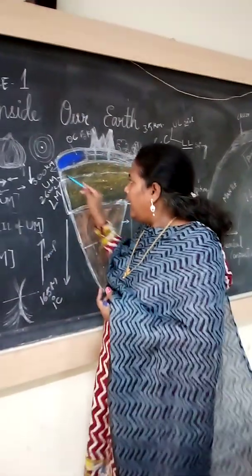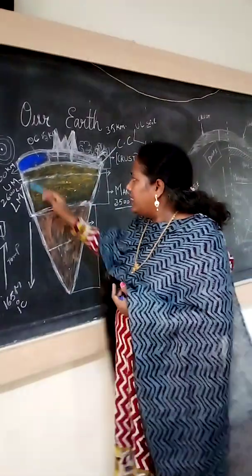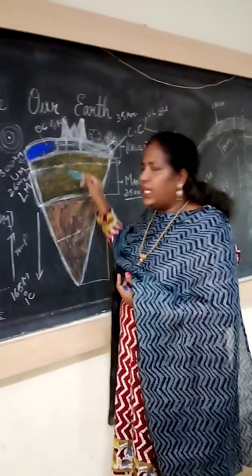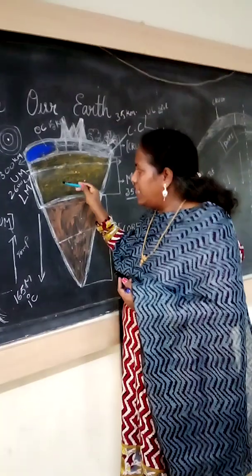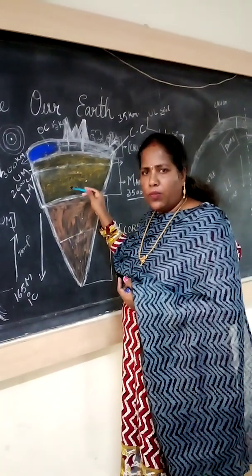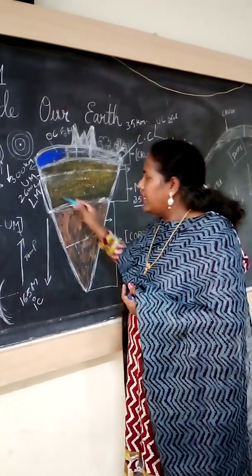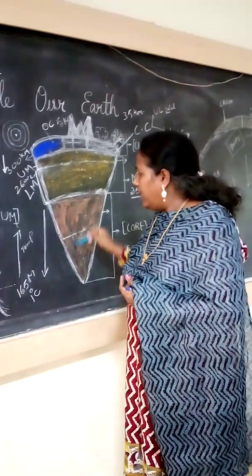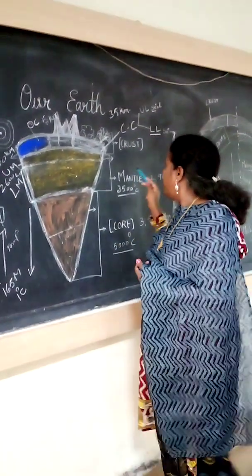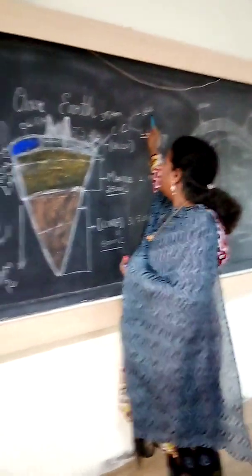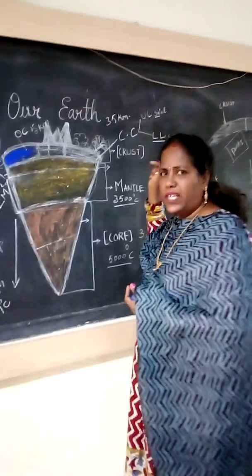Next, the second layer we already discussed. The second layer is the mantle. Upper mantle has semi-solid particles, solid particles and liquid particles like magma. Next, the third layer: outer core and inner core. What minerals are available here? Silicon, aluminum, magnesium.